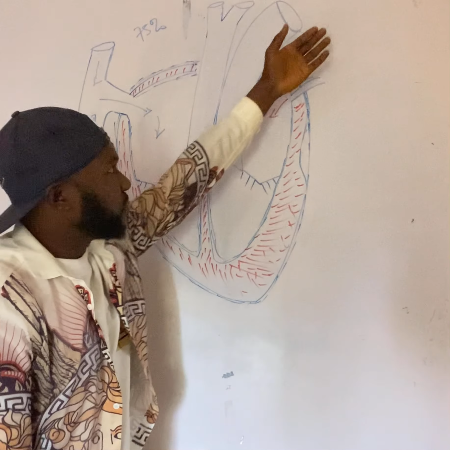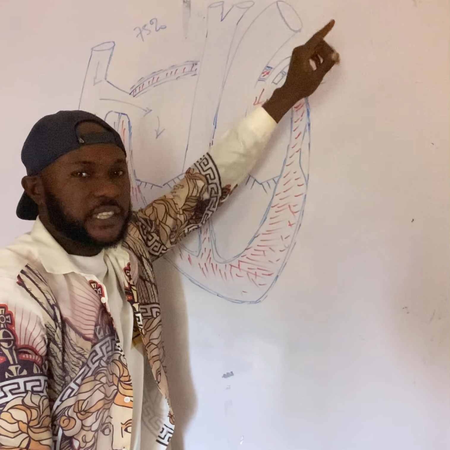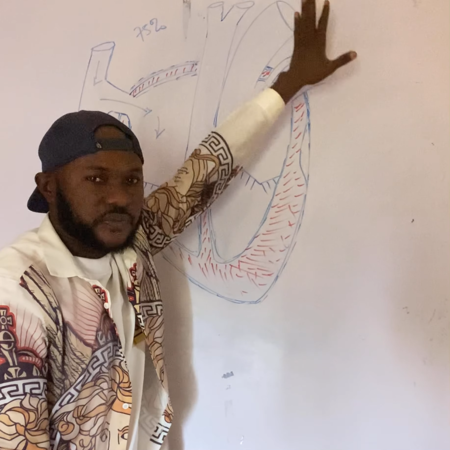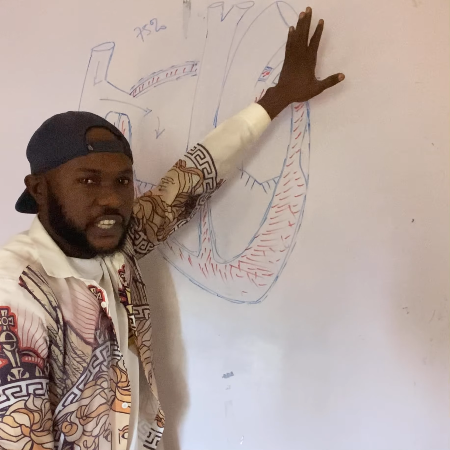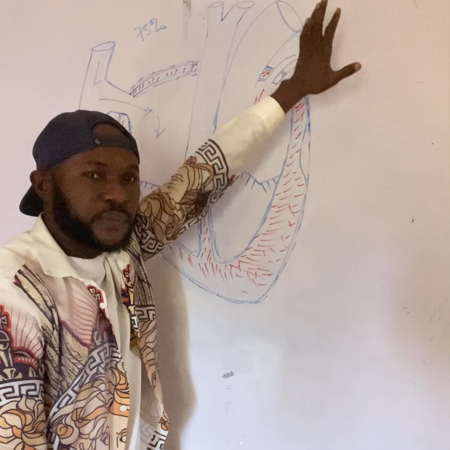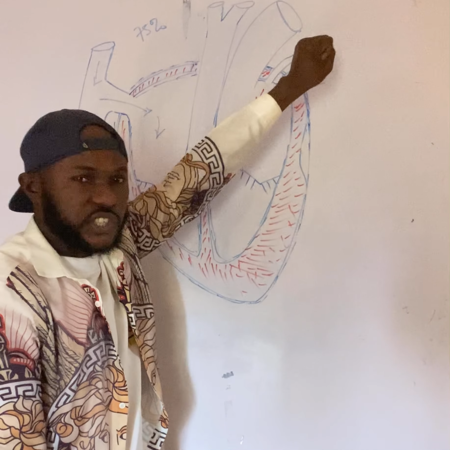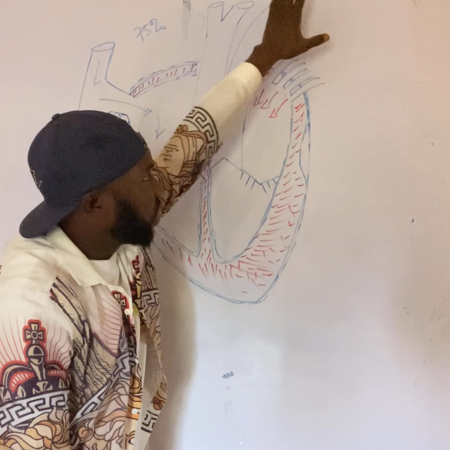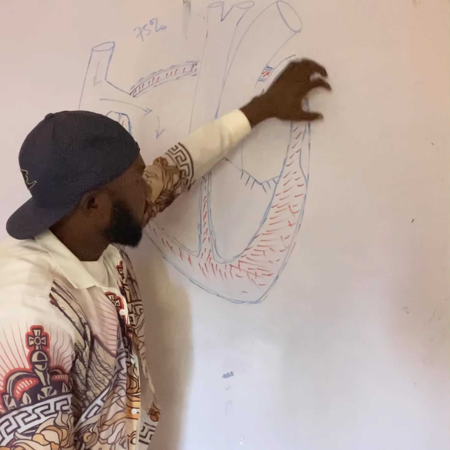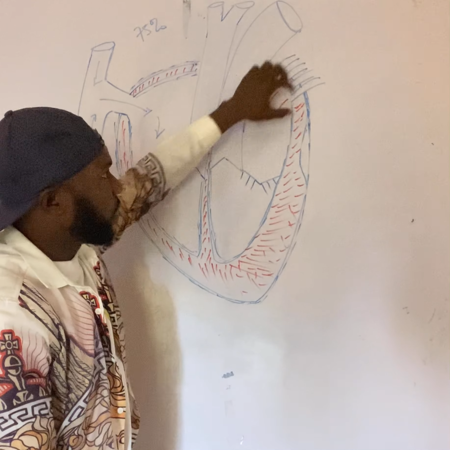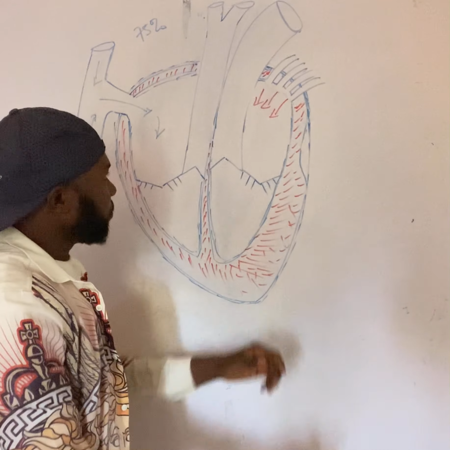They carry it from the lungs. Remember that the lungs are what give oxygen to the blood. Okay? And the blood has hemoglobin that holds the oxygen. So from the lungs, the blood enters the heart through the pulmonary vein.